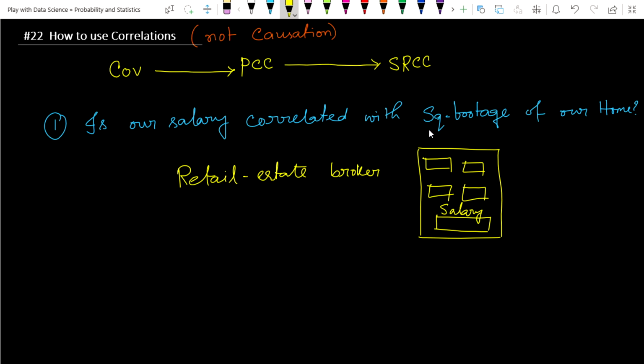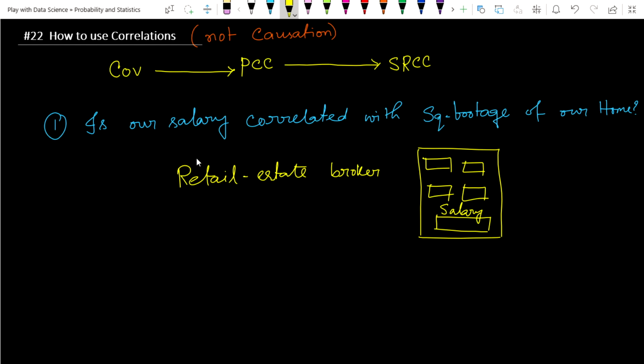It means they already know the relationship between the salary and the square footage of the home. From previous data they have known that your salary depends on what kind of home you actually want to buy. They already know these things from the previous data.